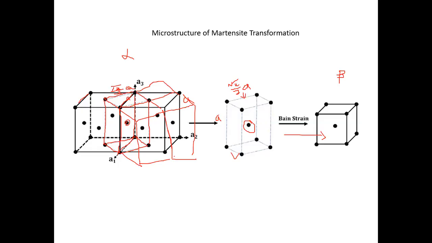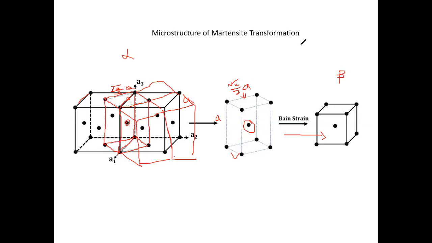So this is the pathway we're looking for. Is this clear to everyone? Okay, we're looking for a deformation of an FCC structure such that this cuboid box can be deformed into a perfect cubic box. Okay, is that clear? Okay, so let me move on.